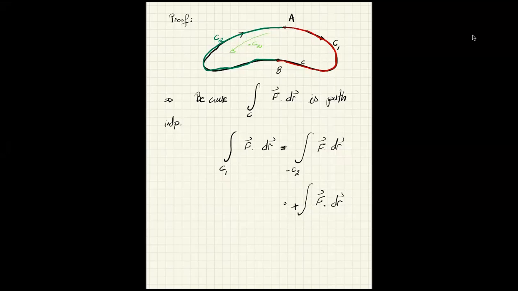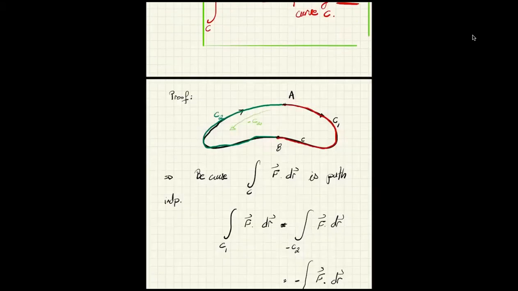And now, because of what I just said, this is going to be minus of C1 and C2. So the integral on C1 of dr plus the integral on C2 of dr is equal to 0.